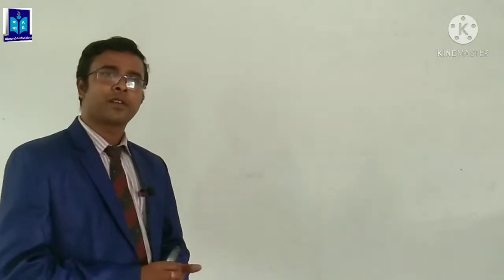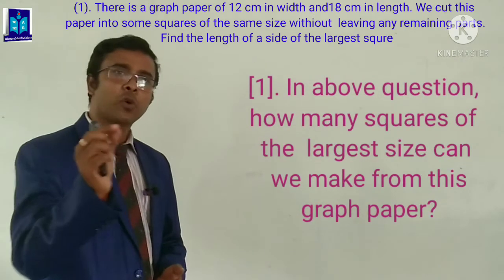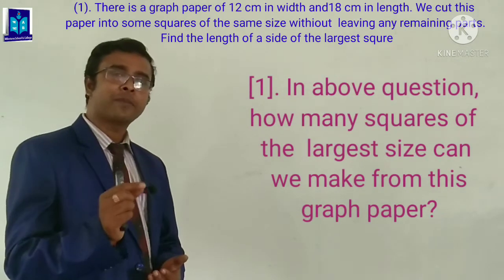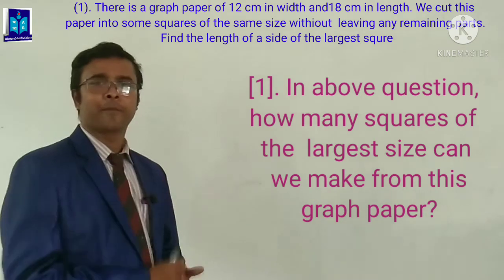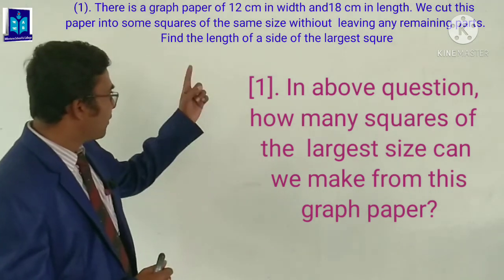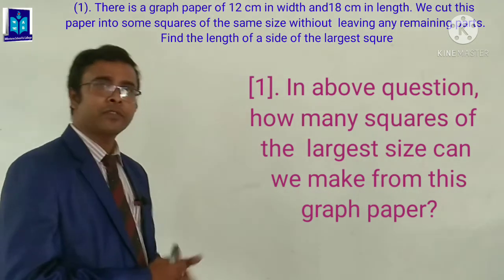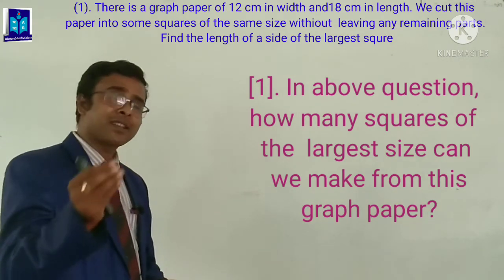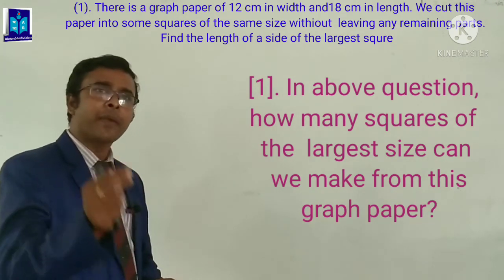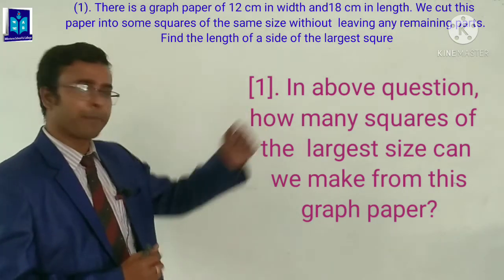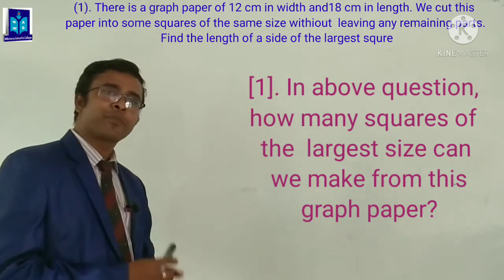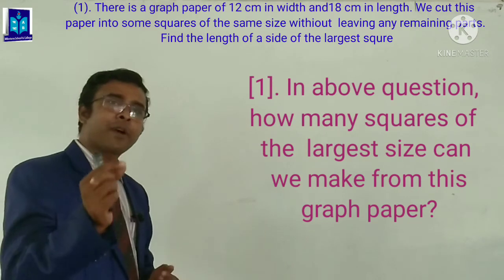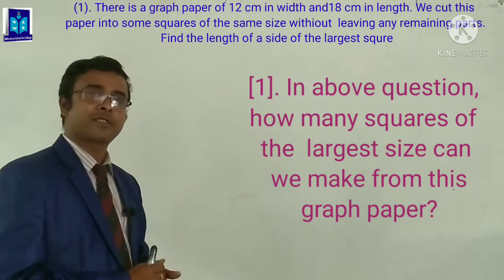Dear students, now I will solve question number box 1 from page number 33. It is written in the above question: how many squares of the largest size can we make from this graph paper? That means we have to find the number of squares.